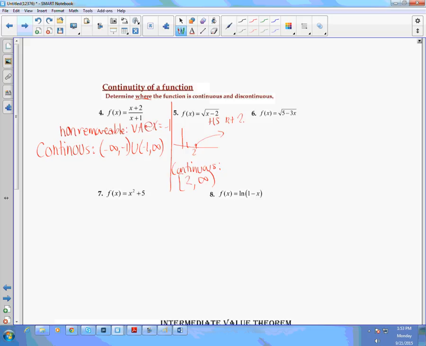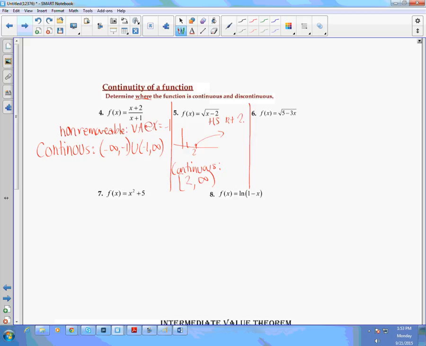Okay, so number 6 is not a square root function. Try that one. Remember, with square roots, we get imaginary numbers if the square root is negative, right?